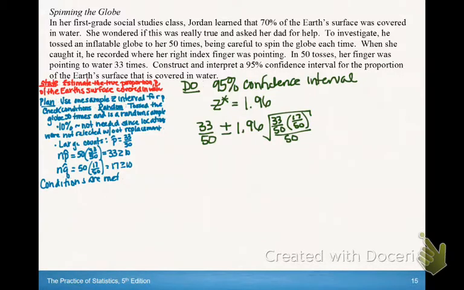And so when I do that, we get 0.66 plus or minus 0.131. So my interval is 0.529 to 0.791. So we did all of our work, we found our interval. Now we take this information and we make our conclusion.